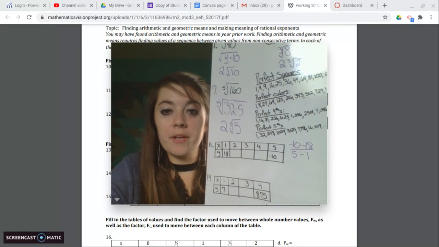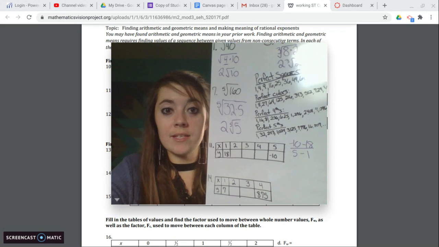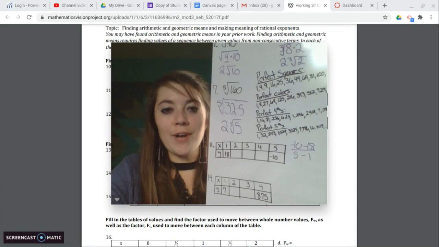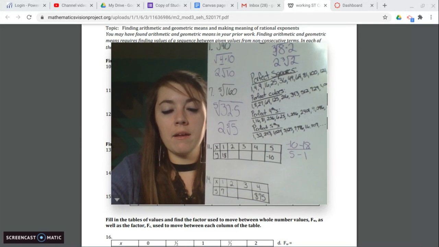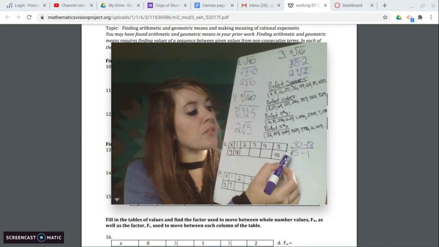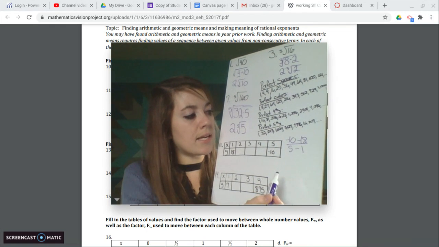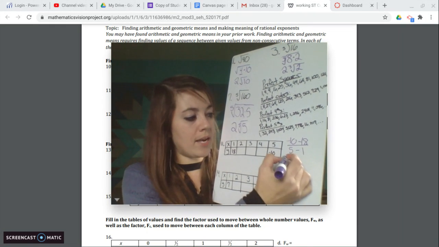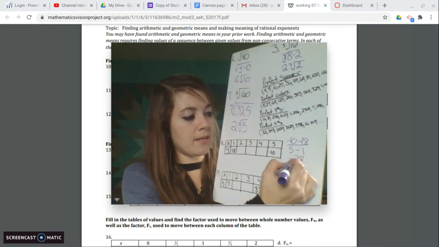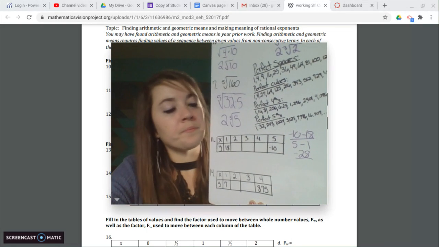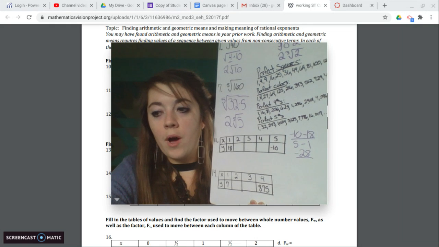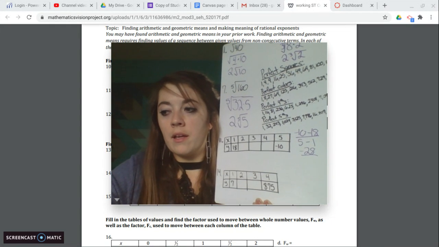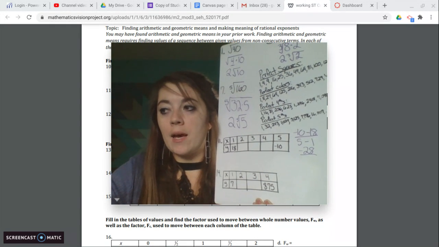Now, this may look pretty familiar to you. It should. This is slope formula. So you're finding the slope because that's your common difference or your arithmetic mean to go between these. So negative 10 minus 18 is going to give you a negative 28 over 5 minus 1, which is 4.